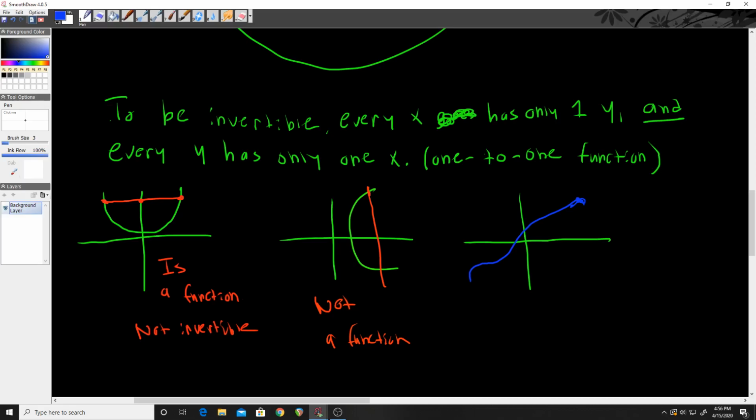So this thing, and neglect this dip here. There's no dip. It keeps going up. Anyway, so now it passes the vertical line test. Any vertical line only passes through one point, and the same is true for the horizontal line test. Horizontal line only passes through one point. So this is a function, and it is invertible.